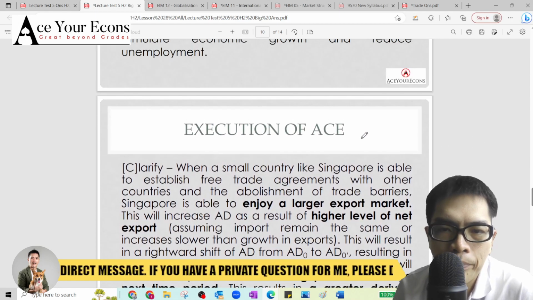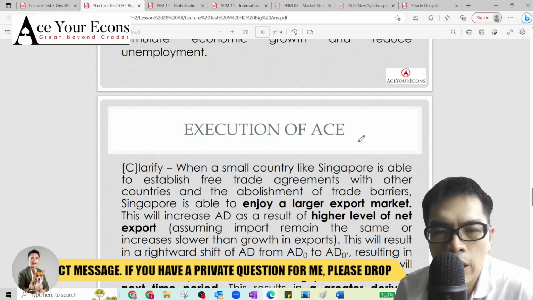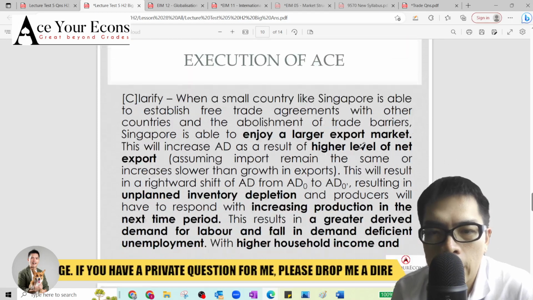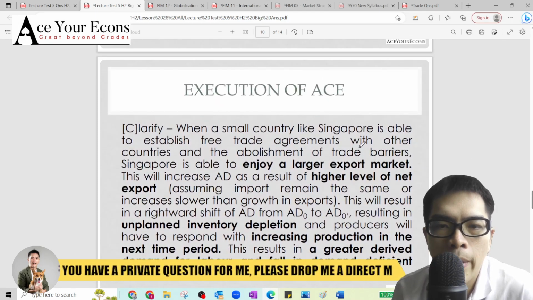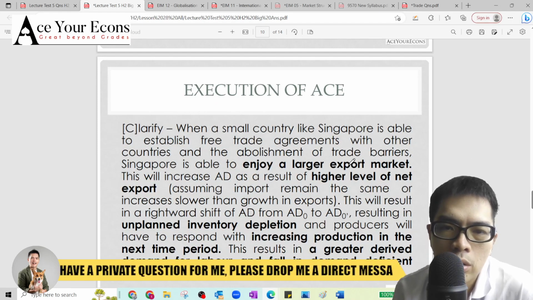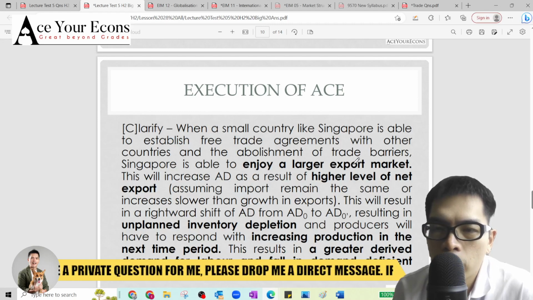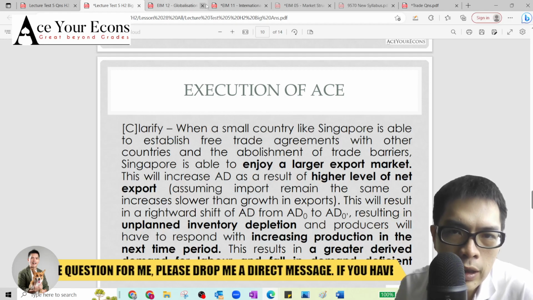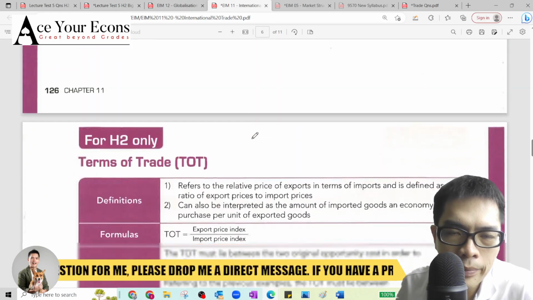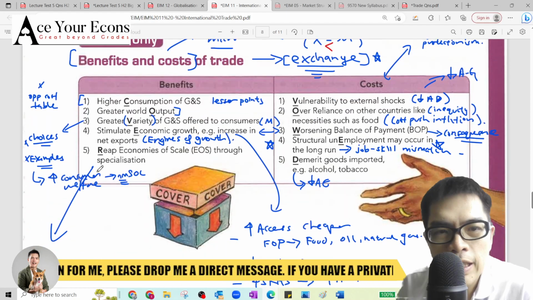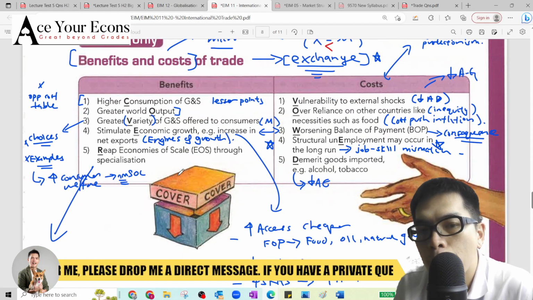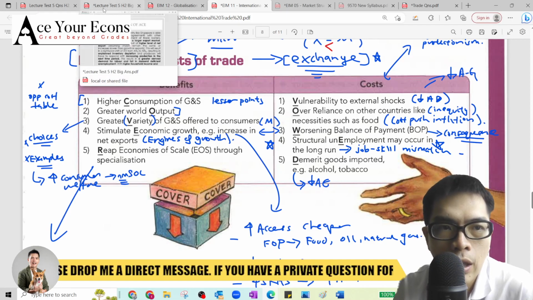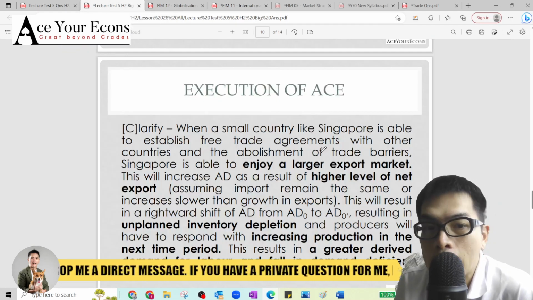So remember, the question requires you to illustrate benefits of free trade. Free trade, in other words, tells us that there are not going to be barriers to trade. So the earlier points down here, you see this particular point covered here. This assumes free trade or minimal trade barriers. But if you want to be more specific, then you have to tie in the concept of what is free trade.